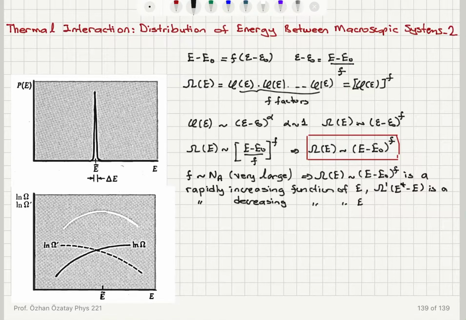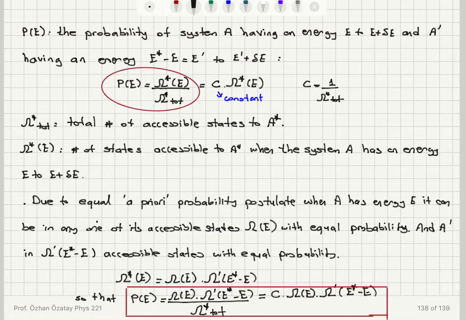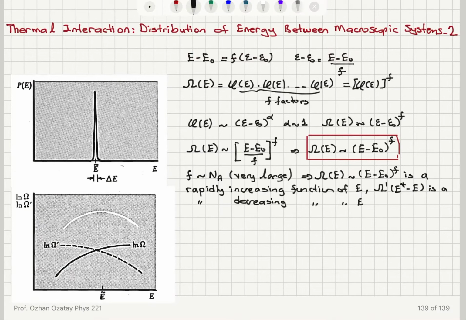So if you consider this product that we obtained for the probability of the system A having an energy E to E plus delta E, it's proportional to the number of accessible states for system A multiplied by the number of accessible states for system A prime, evaluated at energy E and at energy E star minus E. So I have the product of two functions.